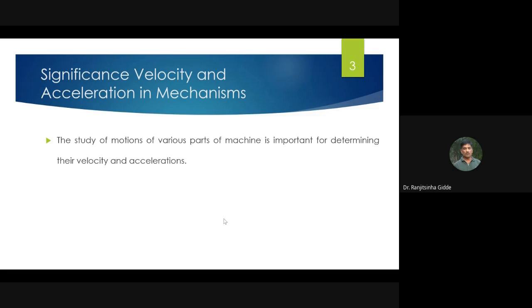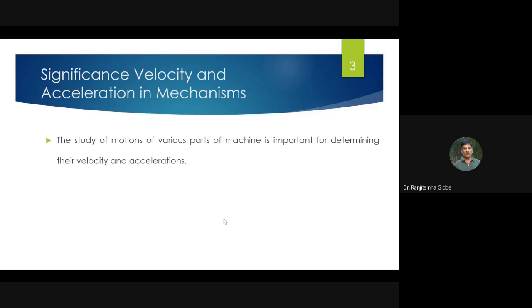It is a combination of various components, and that combination is made to have a particular task, right? So what we have seen, if one particular link is fixed, we will get certain relative motion with respect to that fixed link.